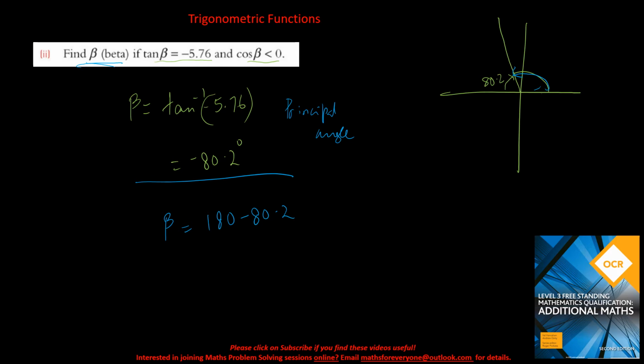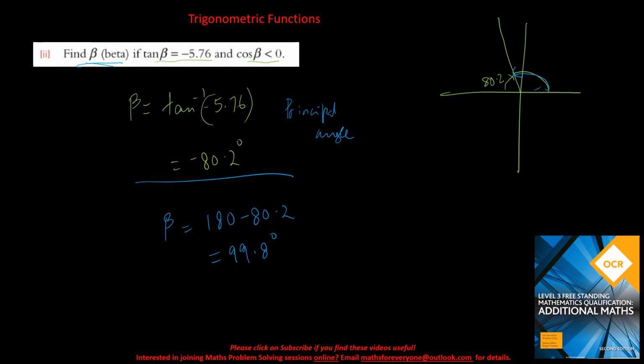Tangent is negative and cosine is also negative, so we are in the second quadrant, which is the sine quadrant. Sine is positive, tan is negative and cos is negative. So 180 minus 80.2 gives 99.8 degrees. So beta is equal to 99.8 degrees, and that is the answer.